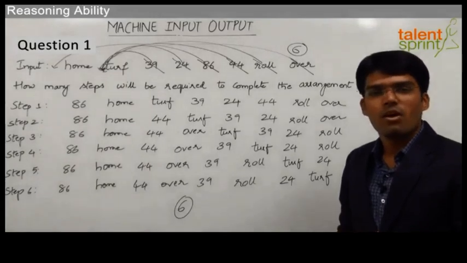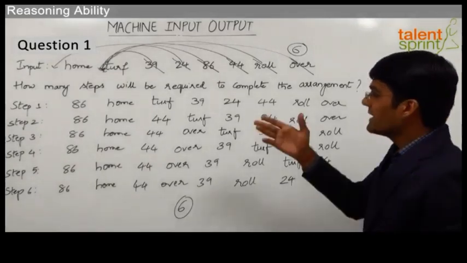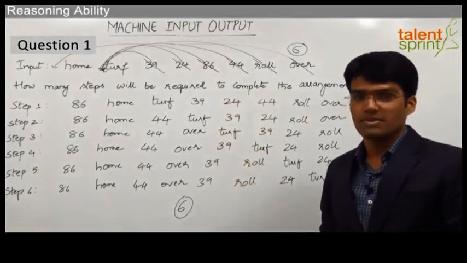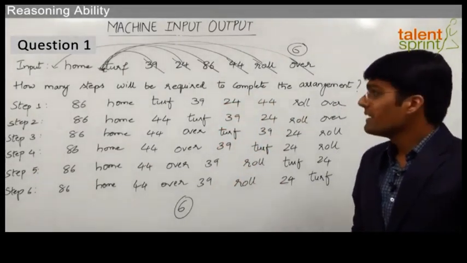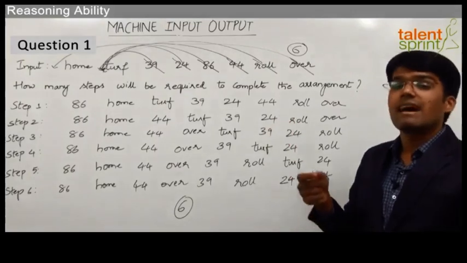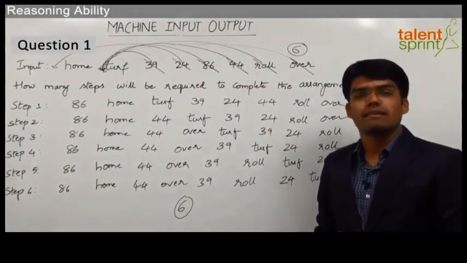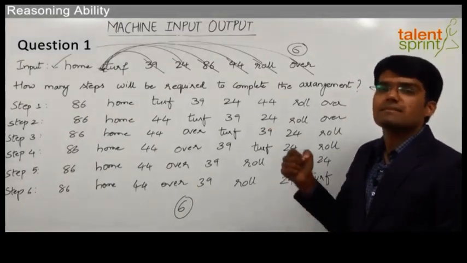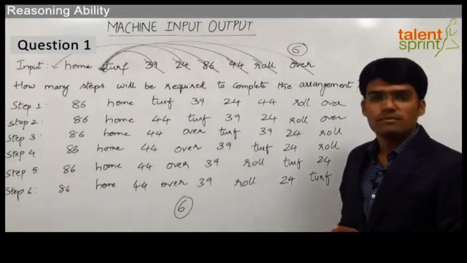So friends, always try to be smart and get the answers in a simple way rather than following the complete step-by-step procedure. In some cases, for these types of questions, the last but one step is required. That is, the question says which step will be the last but one step for the given input.